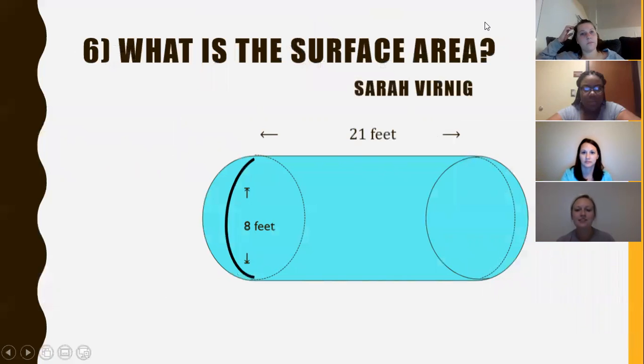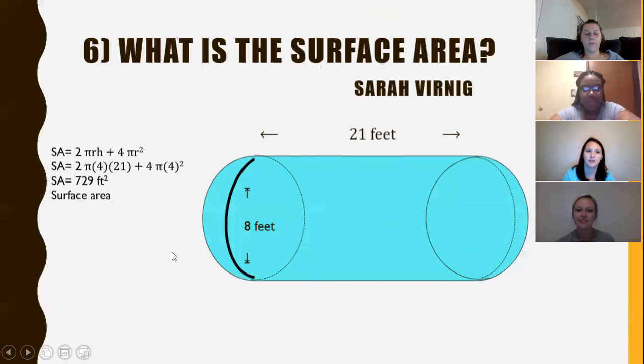Sarah, what is the surface area? Okay, so to find the surface area, again, like all of our problems, we're going to start first with our equation. We're going to have 2 times pi times radius times height plus 4 times pi times radius squared. So we're going to take our 8 feet, which you can see is in the circle. So that's going to be our diameter.